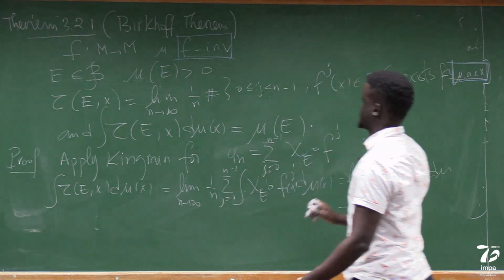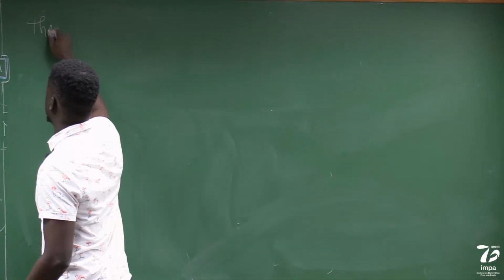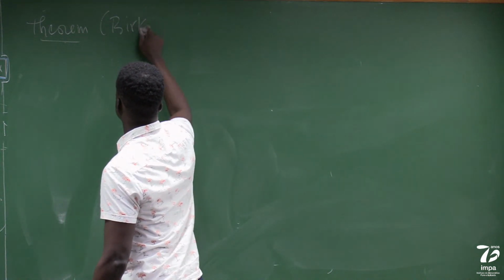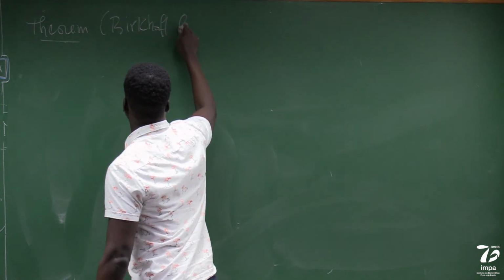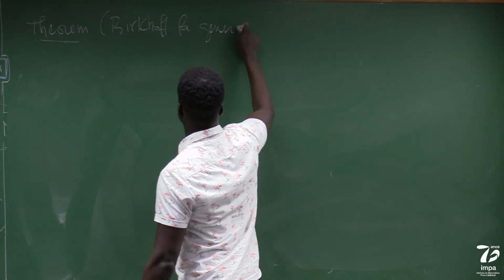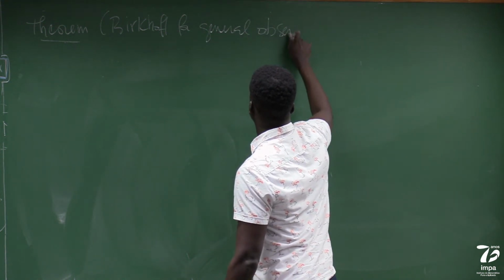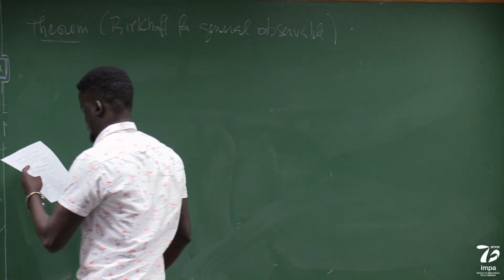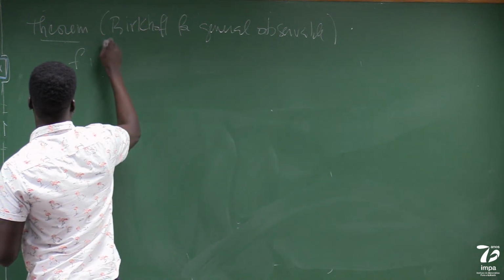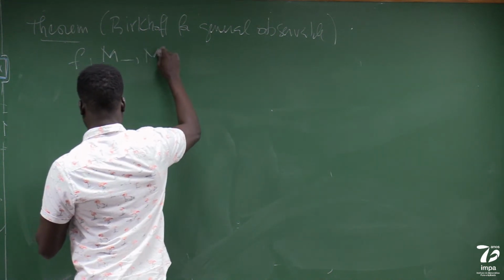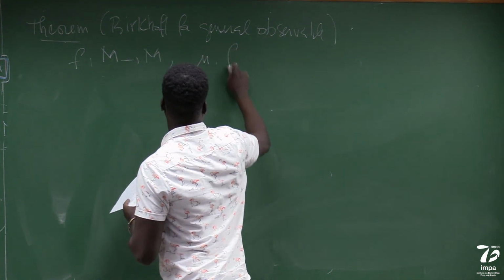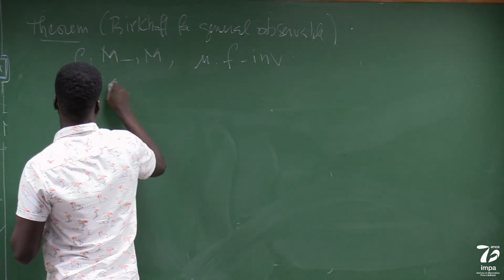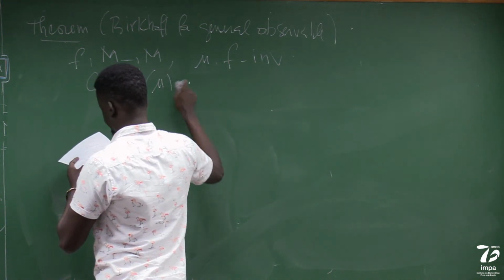There is a version of this theorem, because I did it for the indicator function of E. There is a general theorem for a general observable. You take a dynamical system, mu is F-invariant, and phi is integrable, in L1 of mu.